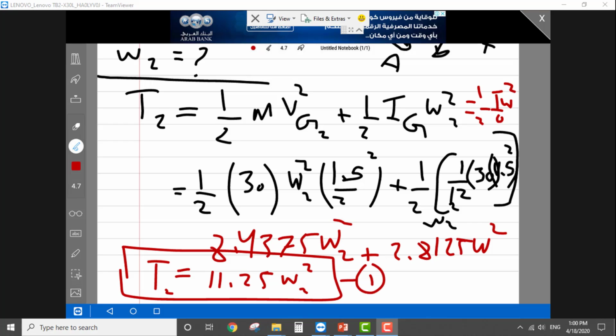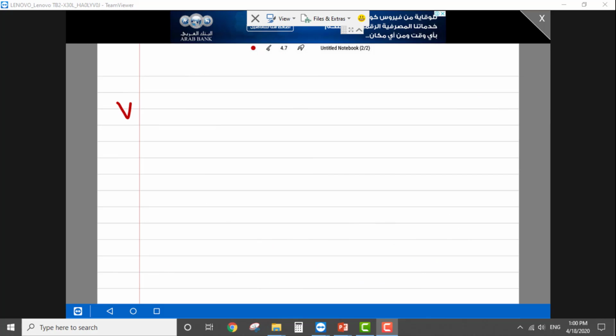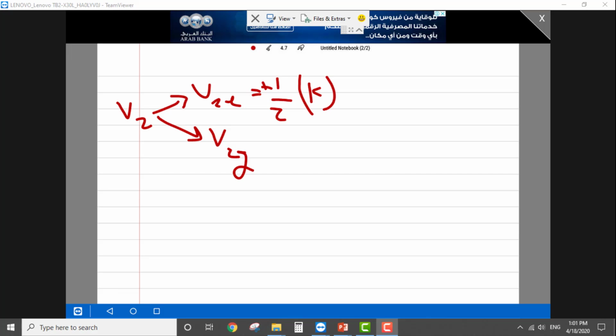Now let's go to the potential energy. Let's open the sheet. So V2 again here corresponds to V2 elastic and V2 gravitational. V2 elastic is equal to half, of course it's positive because it's in the same direction as the stretching, K, the stiffness, whose value is given on the drawing, multiplied by S2 squared, which is unknown.